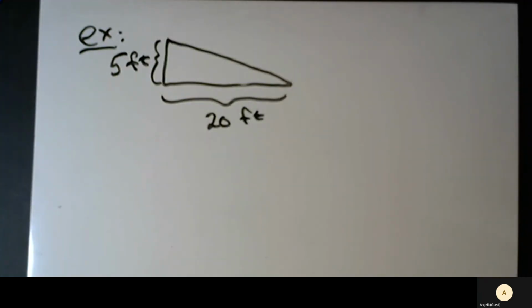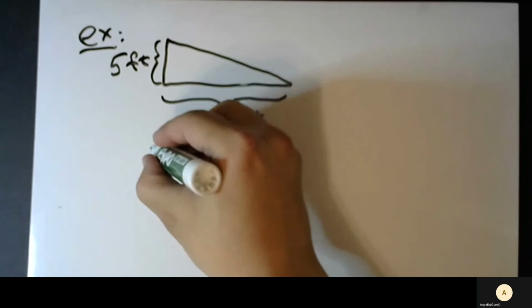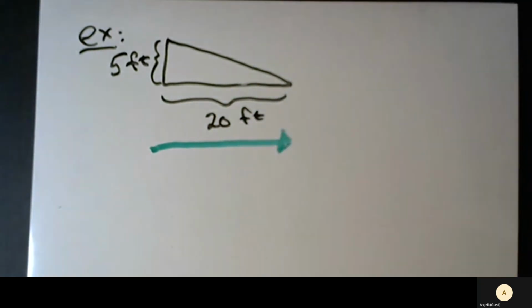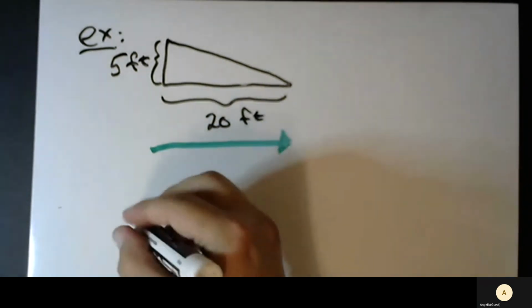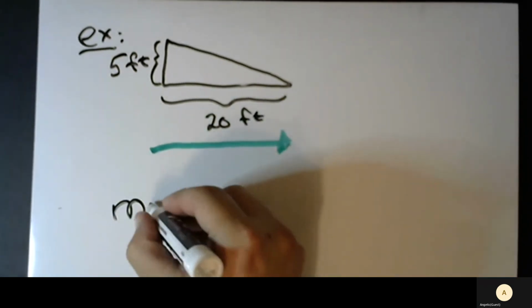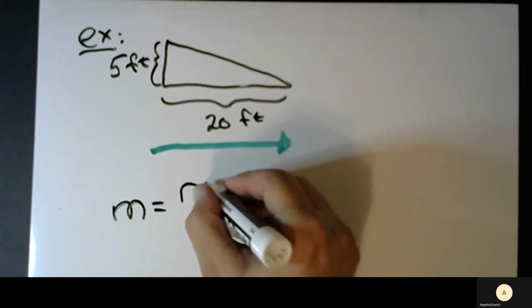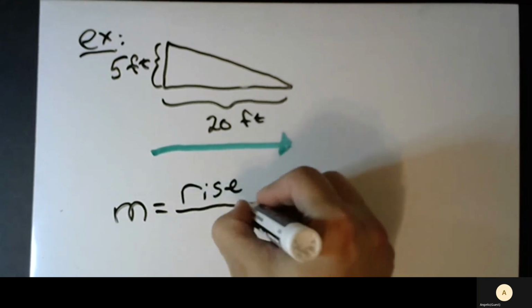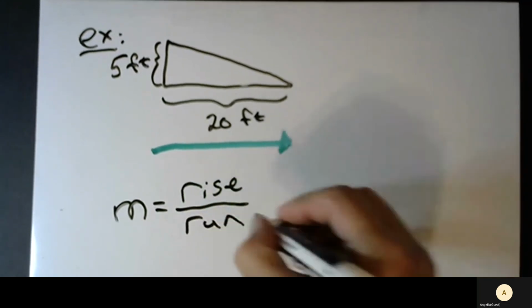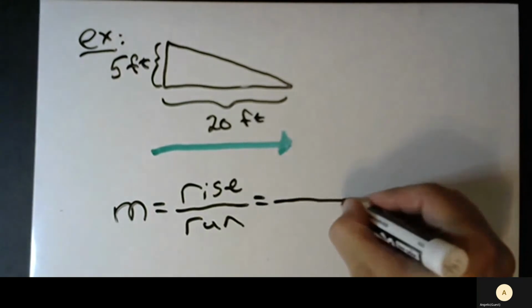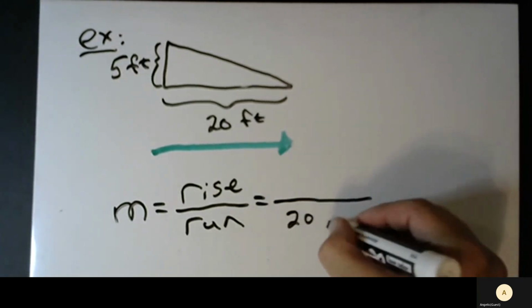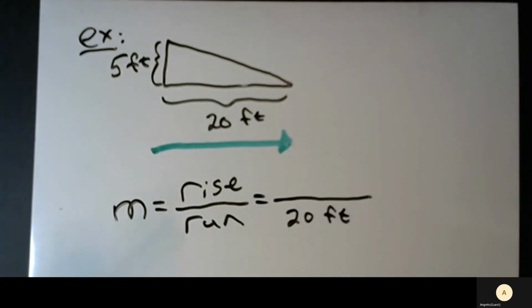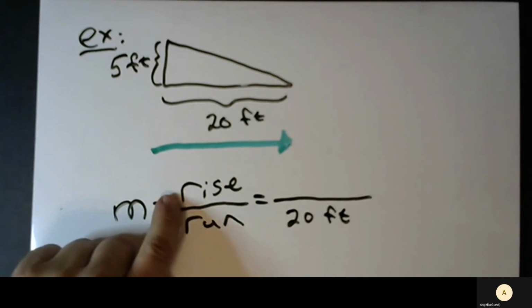And again, when we evaluate slope, we're going to evaluate it left to right. Again, it's rise over run. Now the run is going to be positive, so that's going to be 20 feet. But in this case with the rise, we're going to get a negative rise, or a fall.